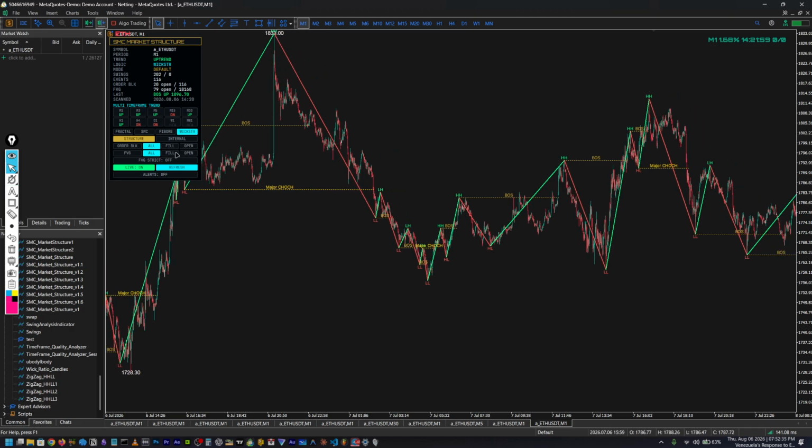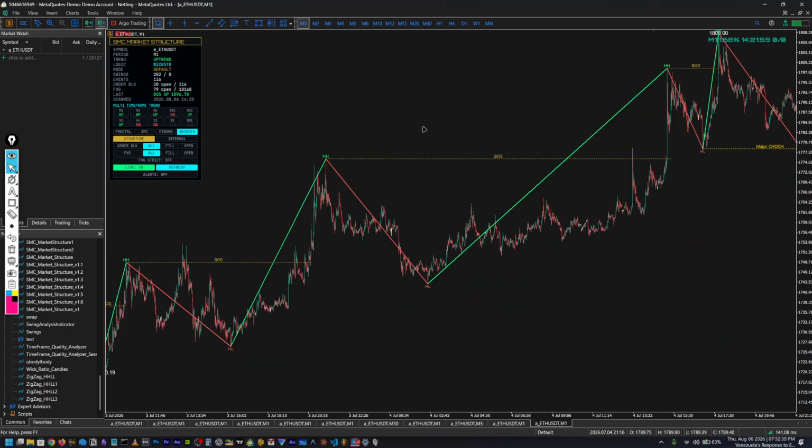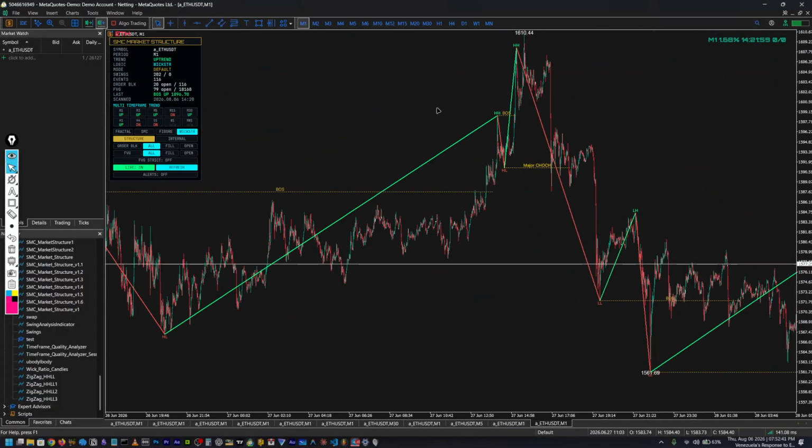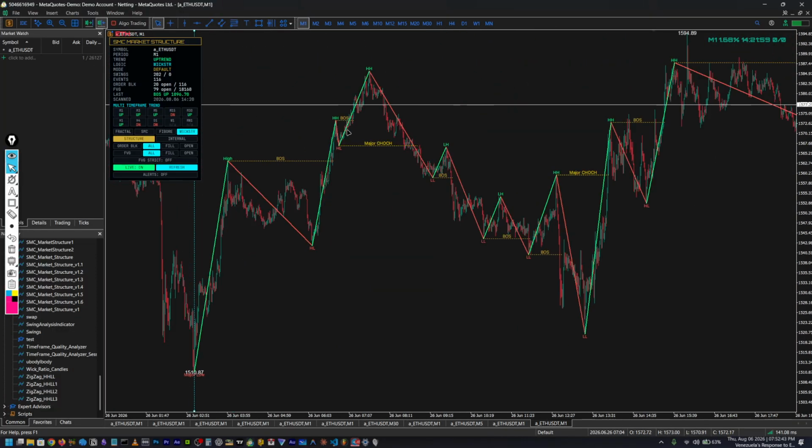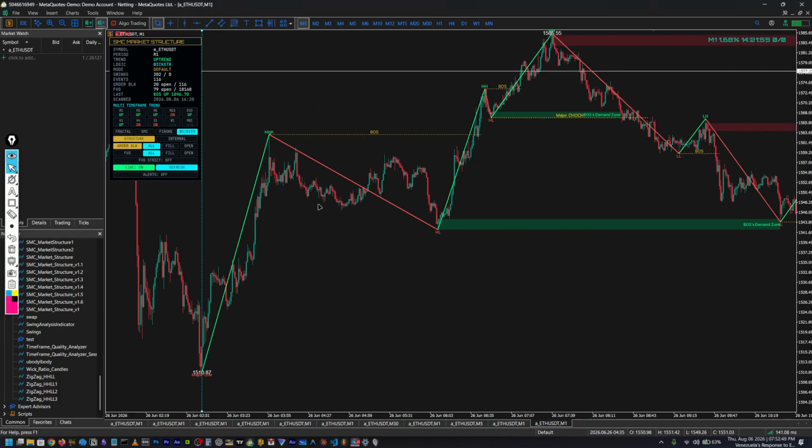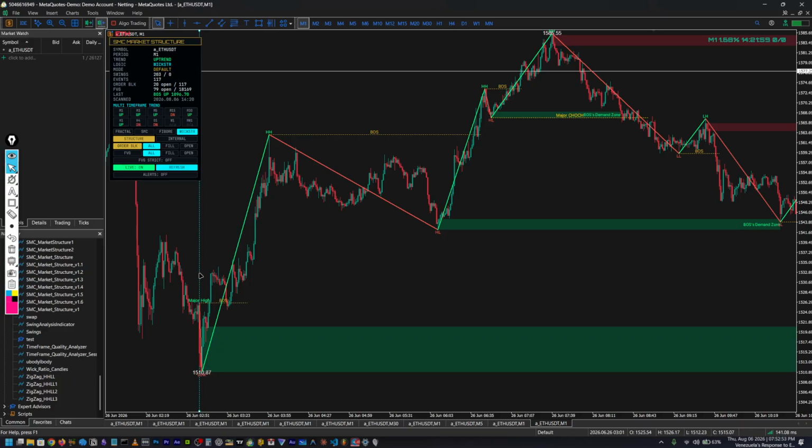So let's say this is one, this is the high, and go back to the area here on the 1 minute chart. I enable order block, okay, and I have to move it here.